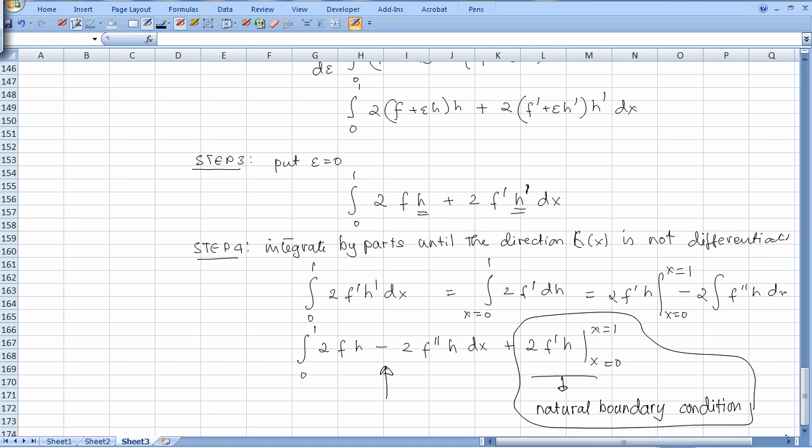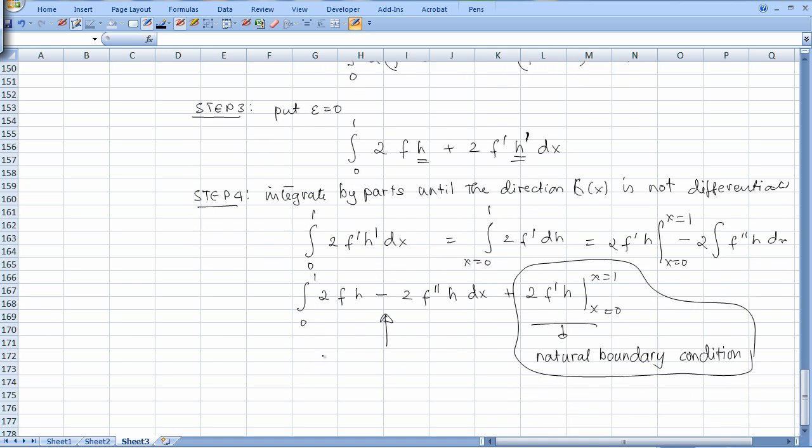This is the Gateaux derivative. Sorry, I shouldn't really call this the Volterra derivative. I should be a little bit more careful. It's a little bit sloppier.